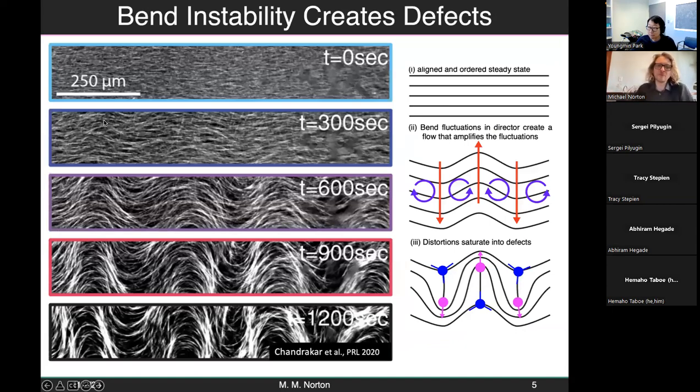If you start off with all of your microtubules aligned, any little fluctuation in that ordering will tend to create flows that make that deformation even larger. Eventually those deformations saturate into what we call topological defects, and I'll be talking about what those defects are shortly. But this is the fundamental idea: this system, because it's always trying to extend, has an intrinsic instability that generates these patterns.